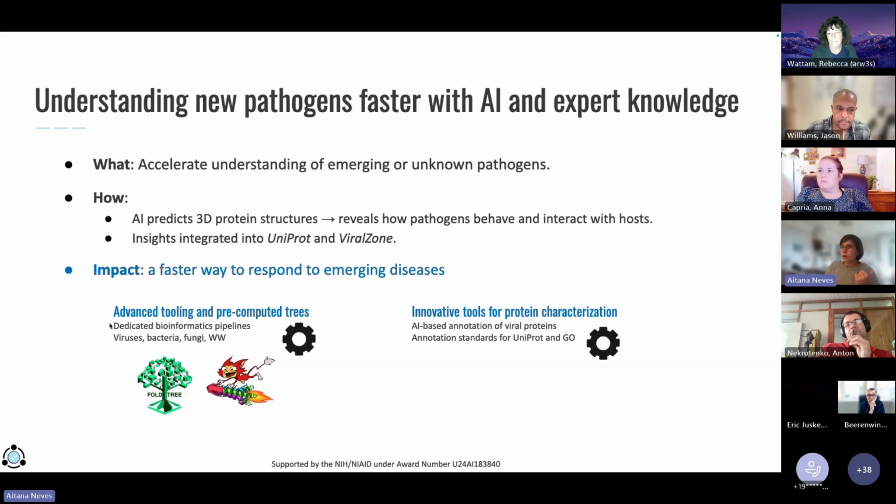There's also the idea to advance tooling, in particular regarding the computation of trees, both for viruses, with what currently exists expanding NextStrain, also for bacteria, expanding tools like BEAST that some of you might know as well, and also using, again, these novel developments in AI to build trees that are based on structural homology rather than sequence homology.